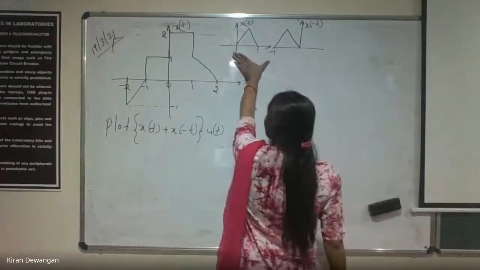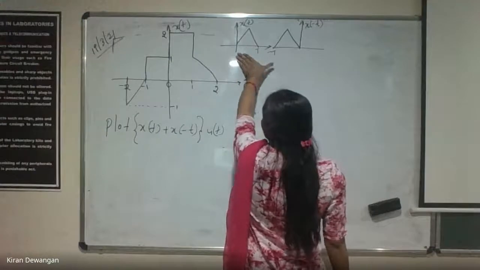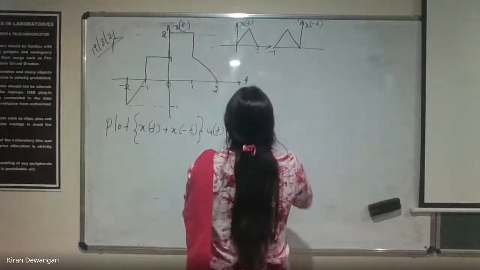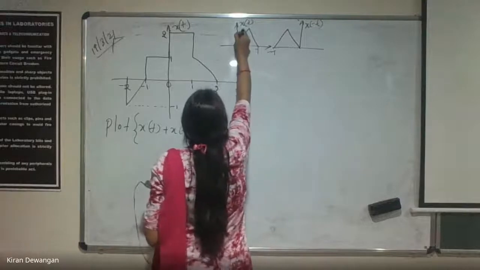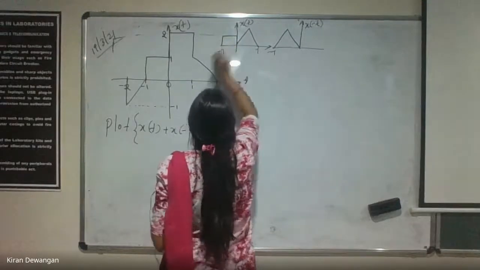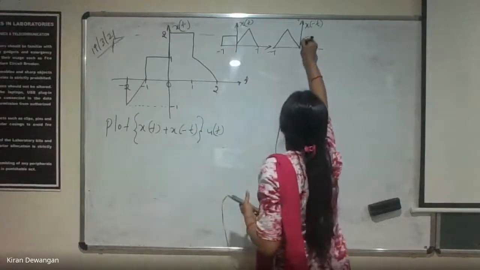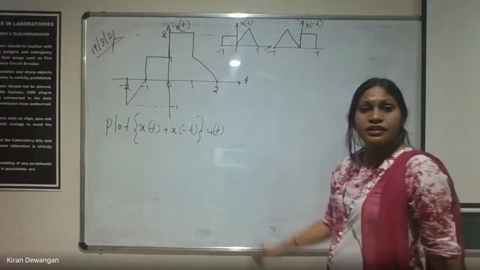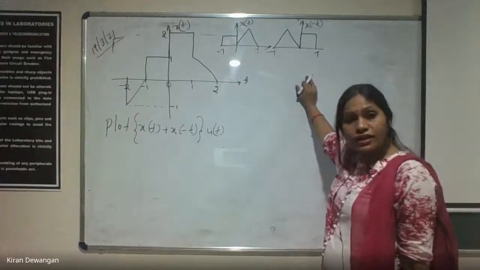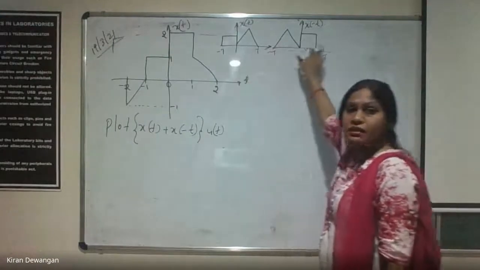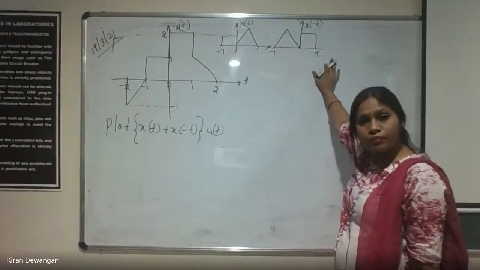Meaning whatever is the plot at positive t that is coming to the negative t. If here there was something, let us say I have a plot of this, which is up to minus t, then here it will go to positive t. Okay. So this is how we are reversing it. Meaning time reversal. This is xt and this is going to be my x of minus t.